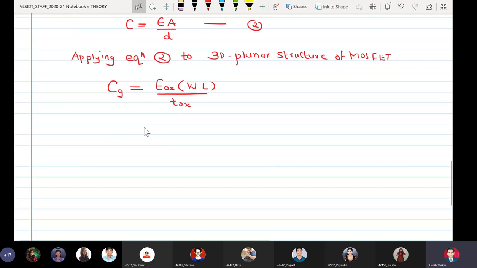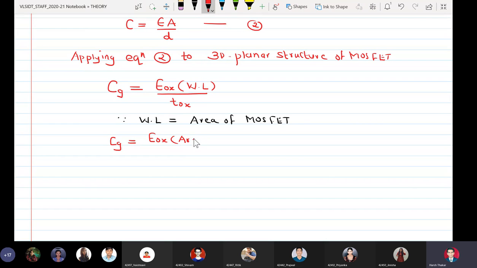Now we also know that since W into L is area of MOSFET, we can say that Cg is equal to epsilon ox into area upon T ox.